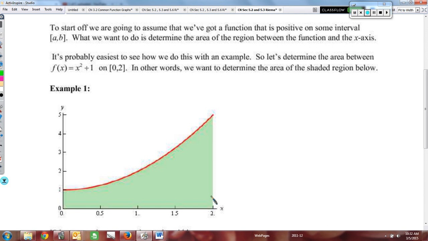And so we start to think about what are some things that we can do. We also keep in mind that we're probably going to use a limiting process somewhere in this, because we're in calculus, and calculus is about using the limiting process in order to find uncalculable items, or what we think might be uncalculable.